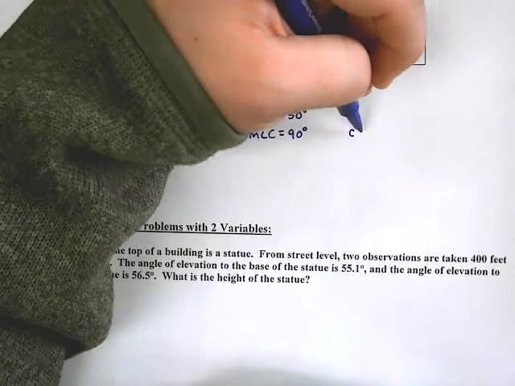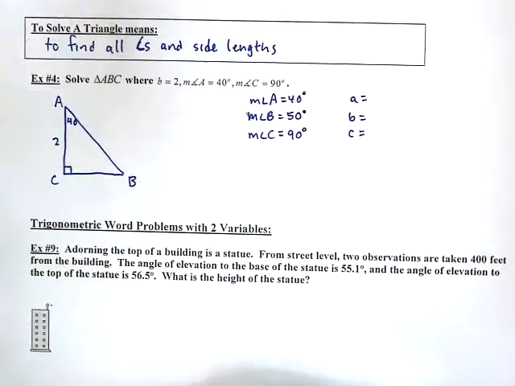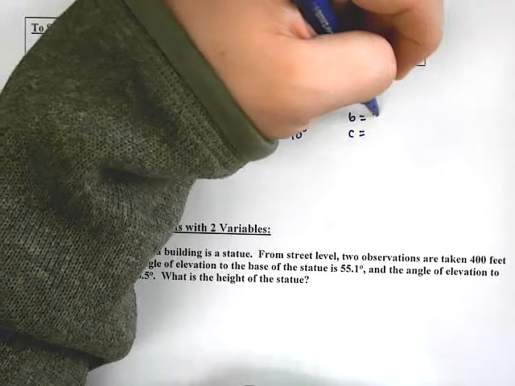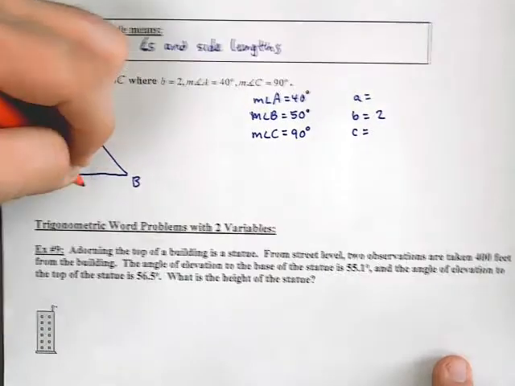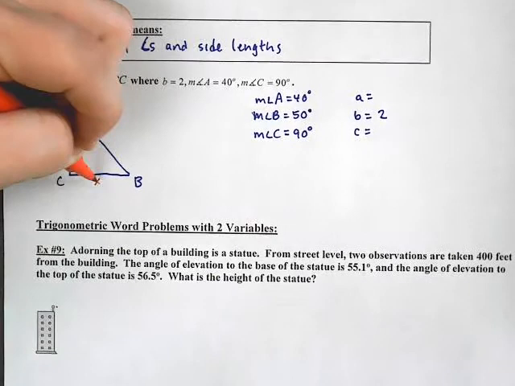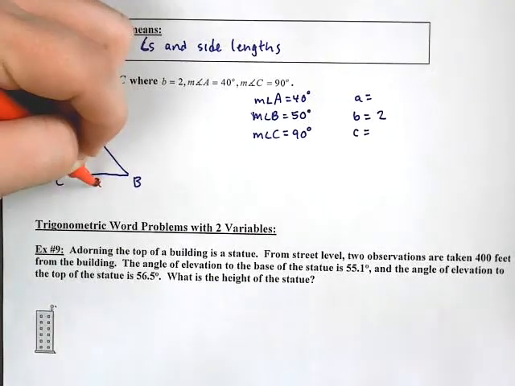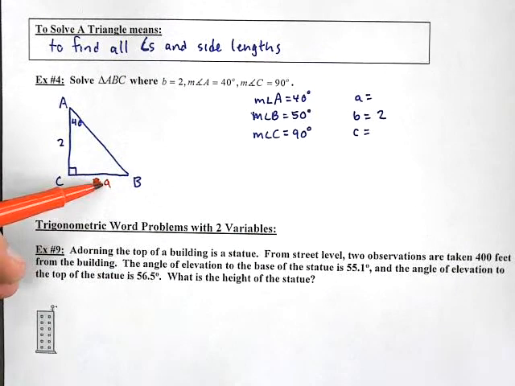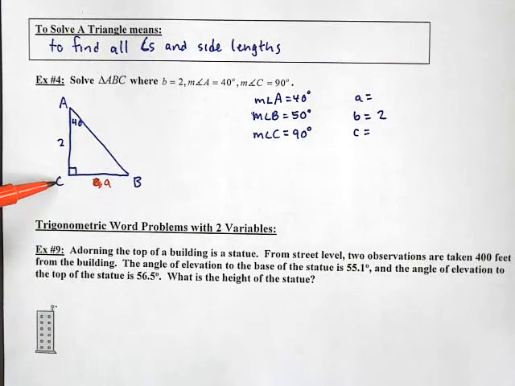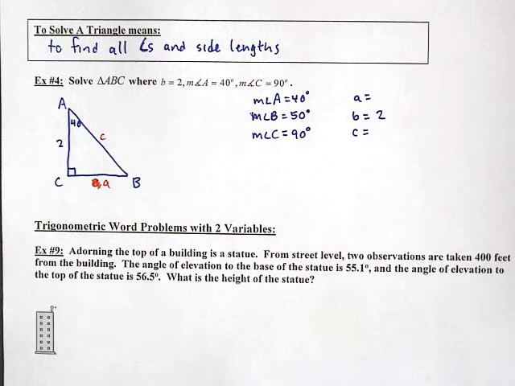Now I need to get side a, side b, side c. We already have that b is 2, which is great. And now we just need, let's say, a. Oh, I can just use the letter itself. I'm sorry guys, my bad. I'm Russian. The side across from angle A is little a. The side across from C is little c. And then we just have to use trigonometry. It doesn't really matter which angle you choose, but make sure to pick one and stick with it.